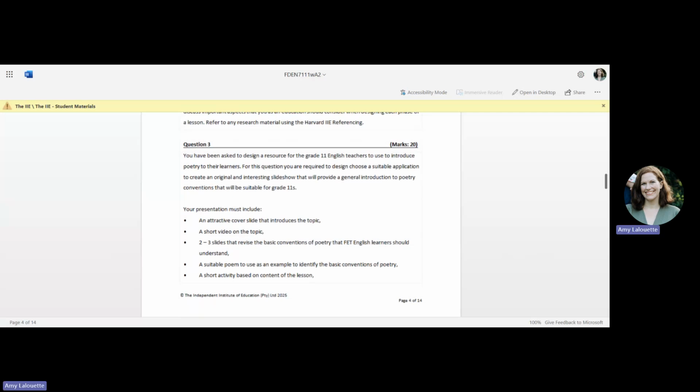Very, very important. You must include screenshots of your application, of your slideshow, I mean. You can include a link to the slideshow if it's got animations and sounds and things like that. Absolutely include a link. But links have tendencies to break.